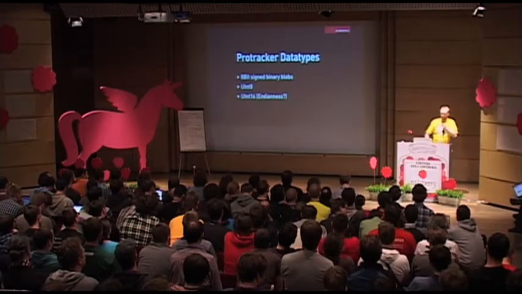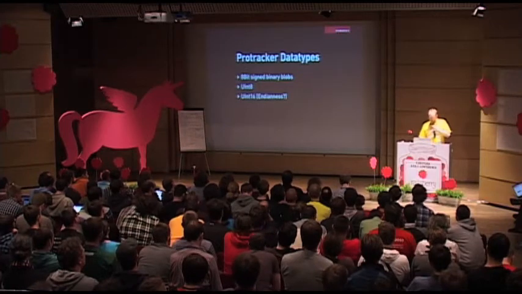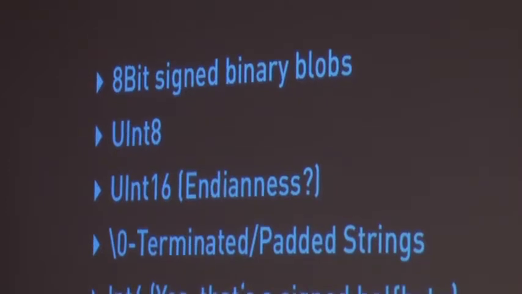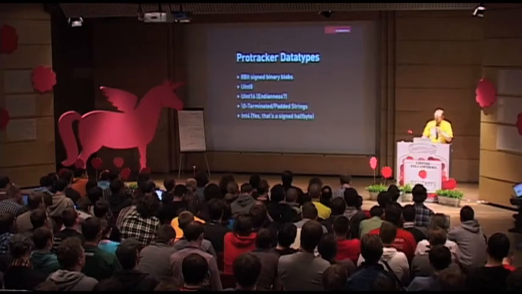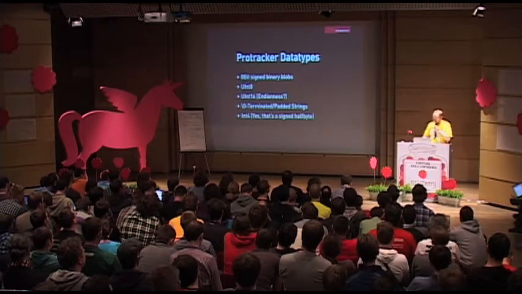Is it big endian, little endian? And of course, because it's ancient and C-based, you have zero-terminated padded strings in there. And then you have crazy stuff like signed integers of just half a byte.